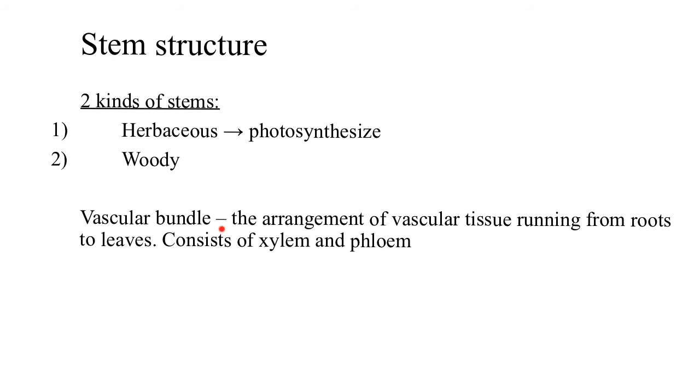A vascular bundle is just an arrangement of the vascular tissue. If you recall, two types of vascular tissue are xylem and phloem. In, I think, our next lesson, we're going to talk about specifically how this even works and the physics of it. But for now, we're just going to be looking at the arrangement of vascular bundles in the stem structure.